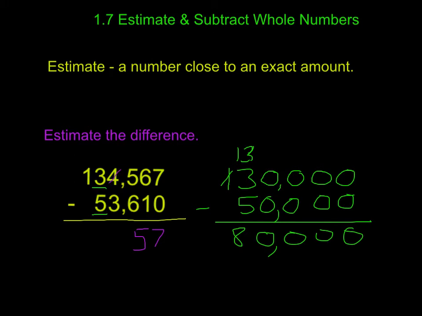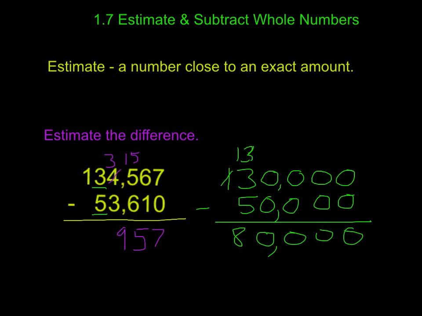We're going to take 10 from our thousands there. And we're going to take our 5 there, and it's going to become a 15. And our 4 there is going to become a 3. So now we have 15 subtract 6, which is 9.